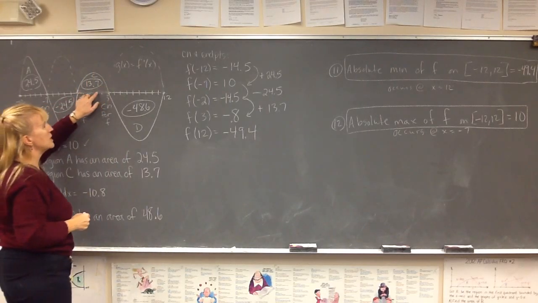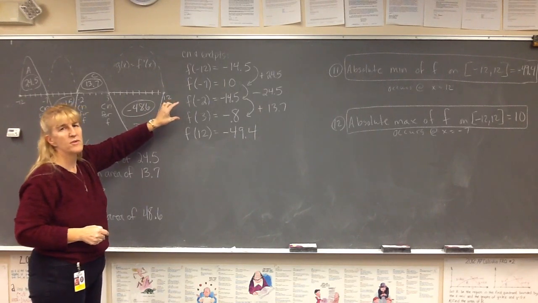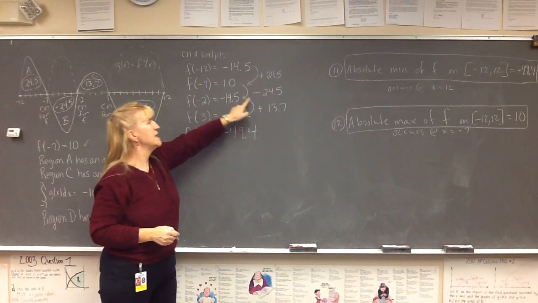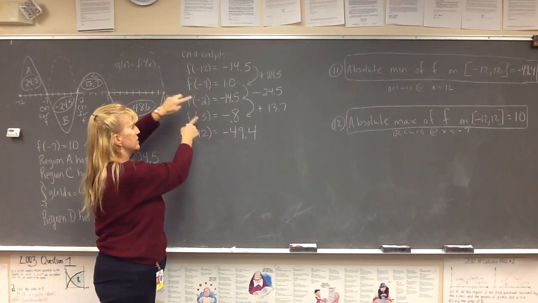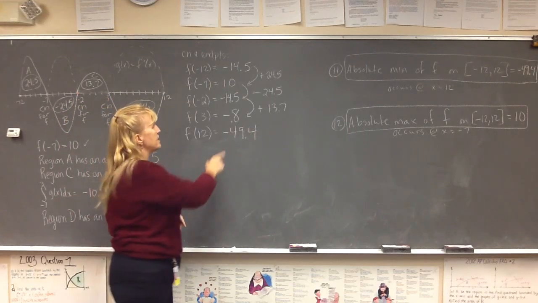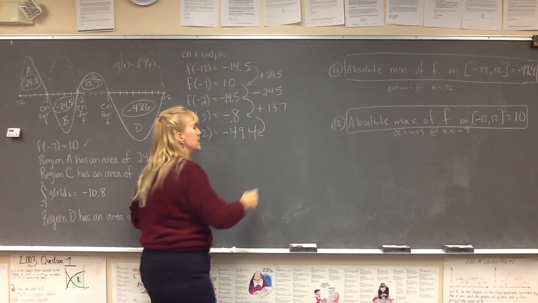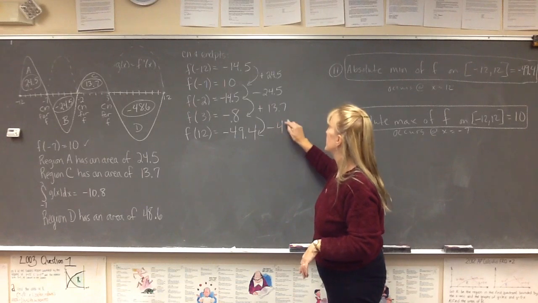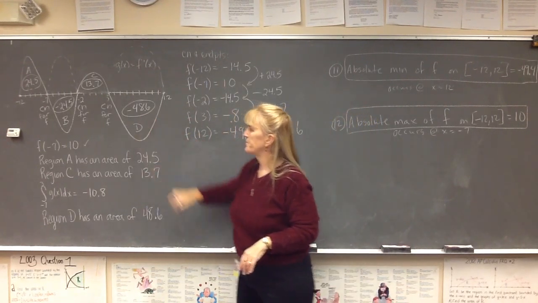It tells me how much the original function changes. This is the fundamental theorem of calculus that says the area right here represents the change in these y values on f between the same two x values on the same interval. And then from negative 8 down to negative 49.4 means that I've dropped quite a bit. And I've dropped that area, which was that 48.6. And that's what this represents.